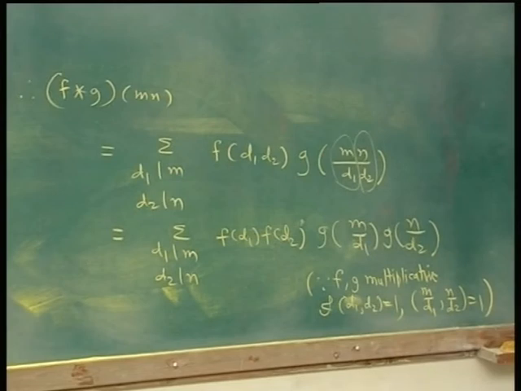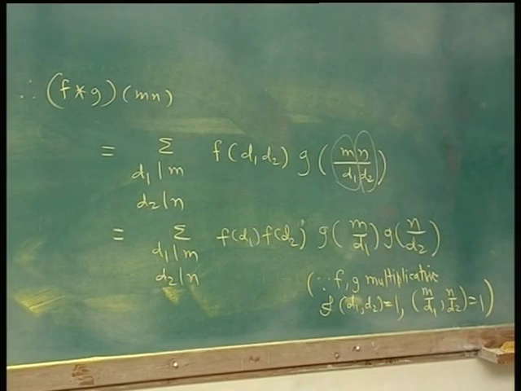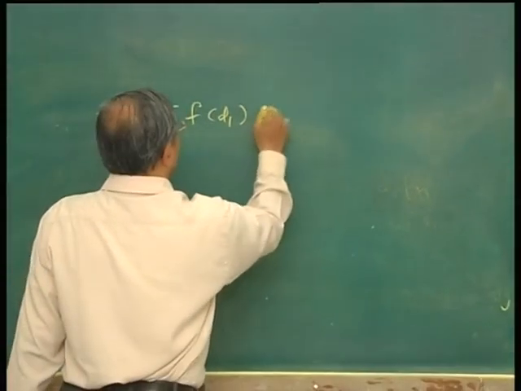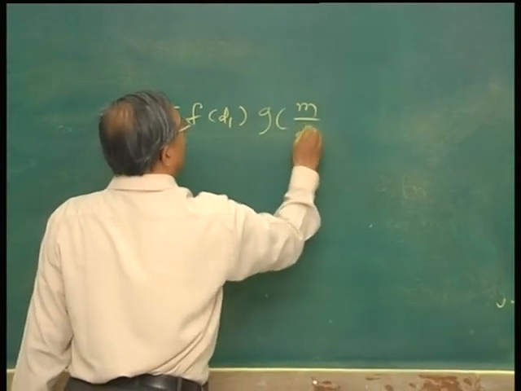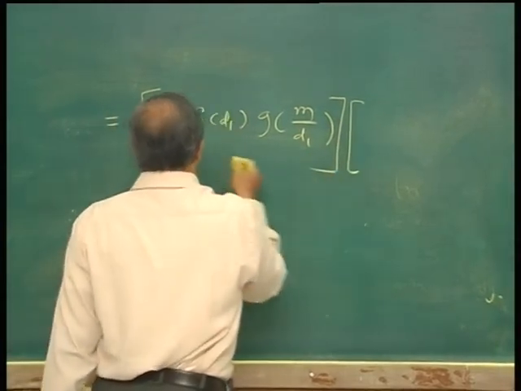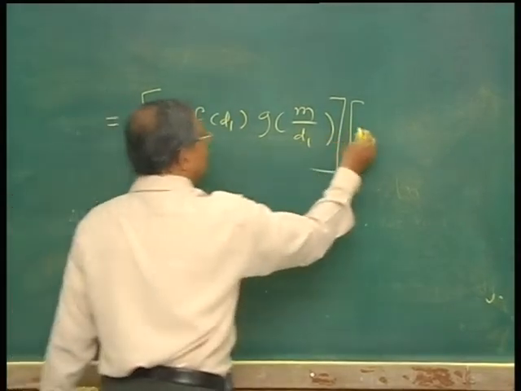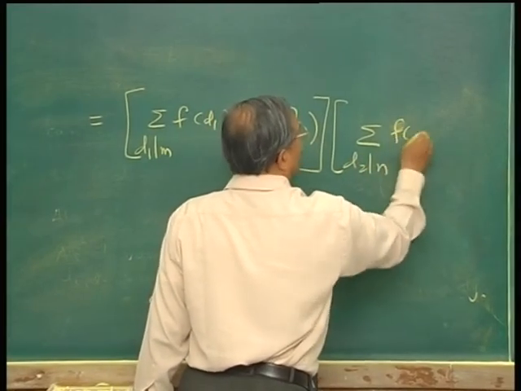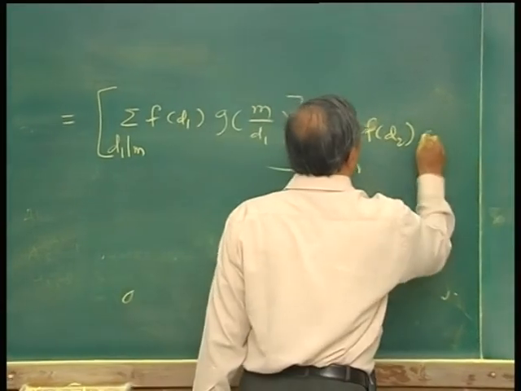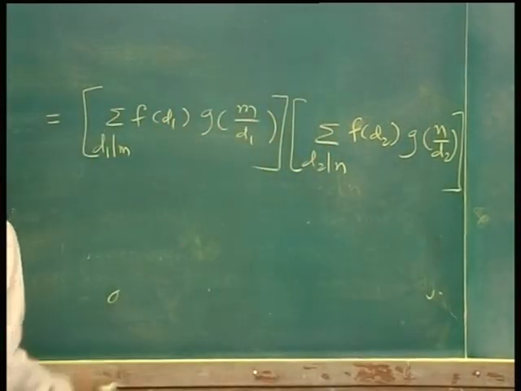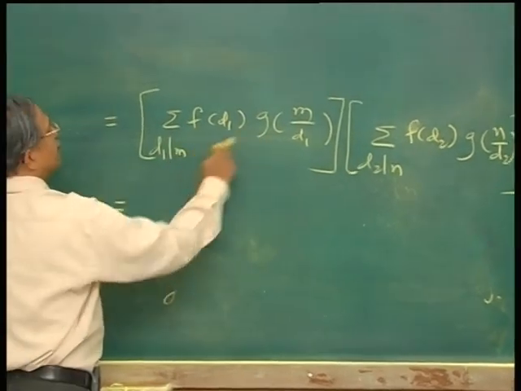And therefore this can further be written as summation f of d1 g of m by d1. This we can take in one bracket. Here d1 divides m. In the second bracket we can take d2 divides n, f of d2 g of n by d2. And this is nothing but f star g of m.